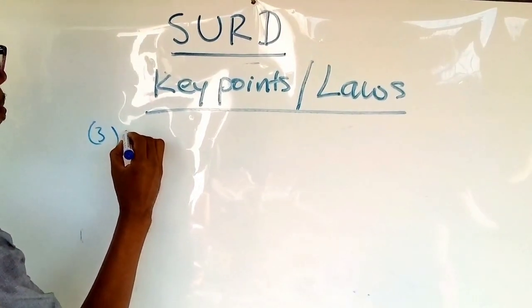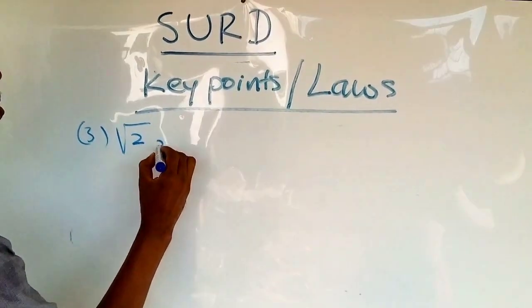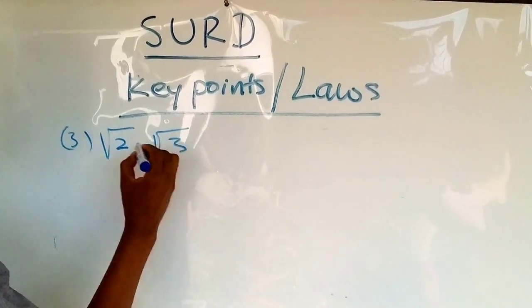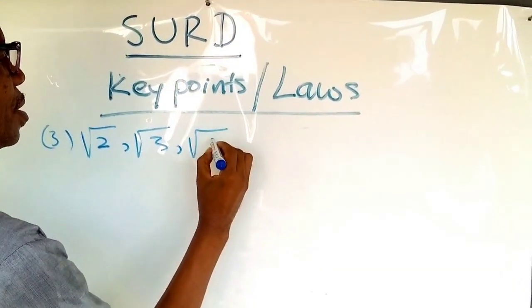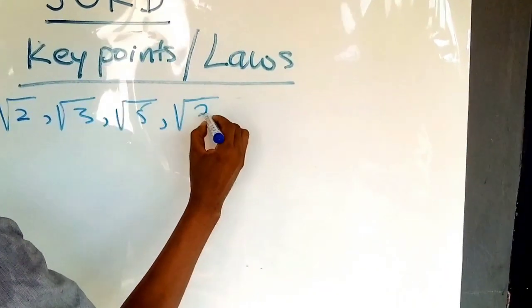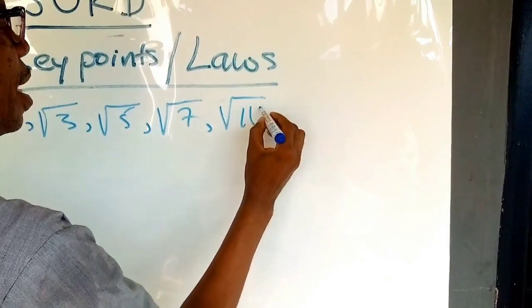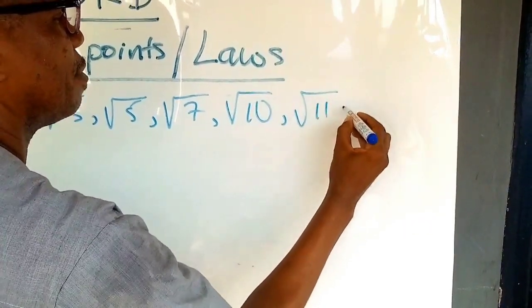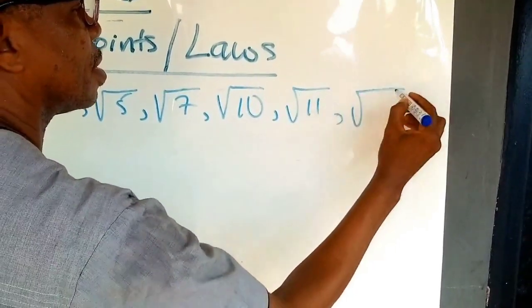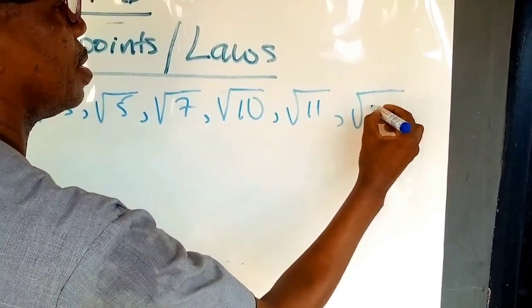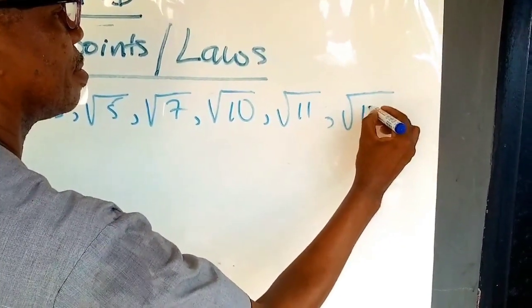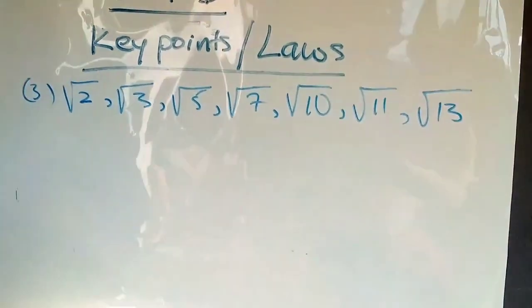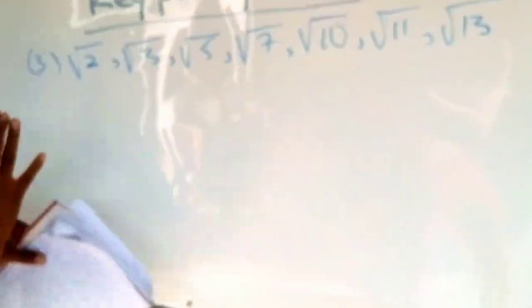You have numbers like √2, √3, √5, √7, √10, √11, √13, and so on. Now, these are all irrational numbers.